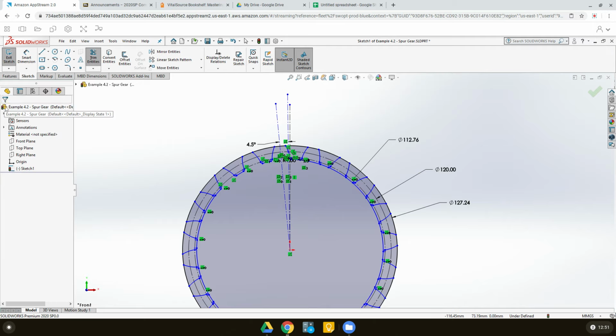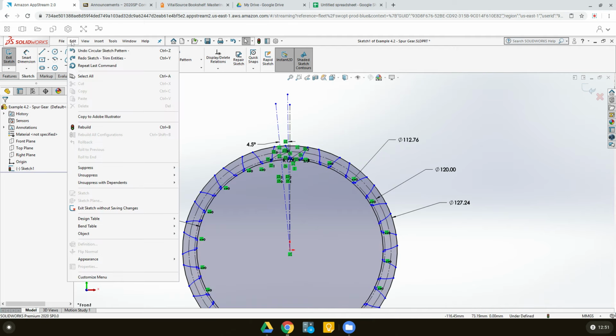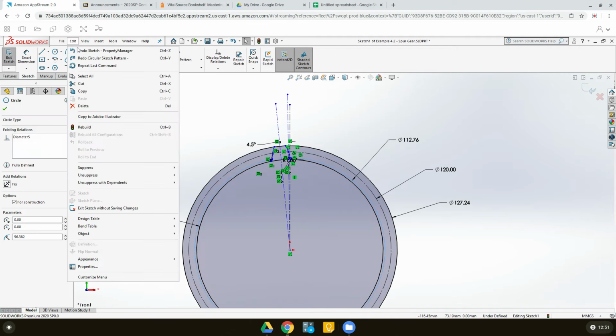Maybe what I'm going to do is I'm going to undo a few times all the chopping that we did, maybe even the circular pattern. And yeah, here we are.